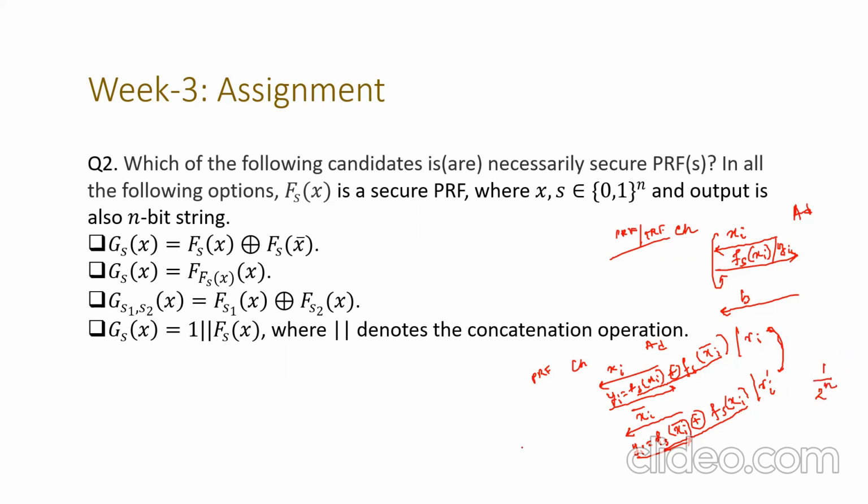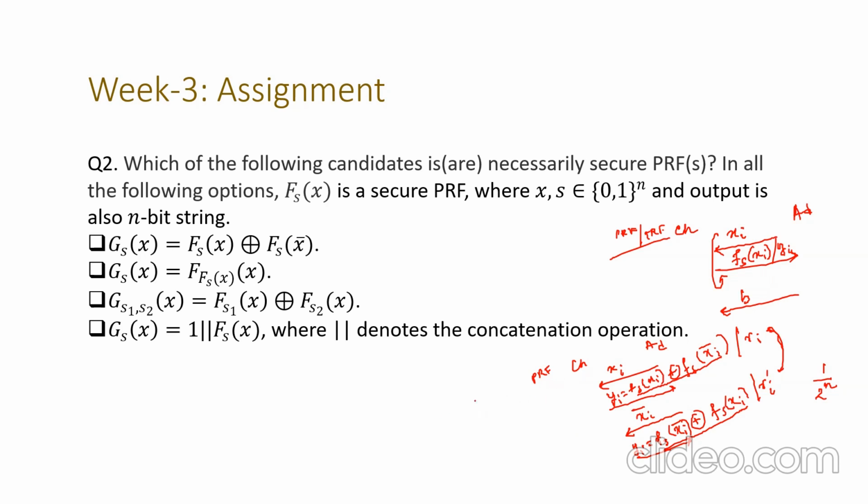So in case the challenger was using the PRF to generate the query responses, this distinguishing strategy of the adversary, to check whether the outputs it sees for xi and xi bar are the same or not, and according to that reply that it is interacting with a PRF or TRF, will work with probability 1.